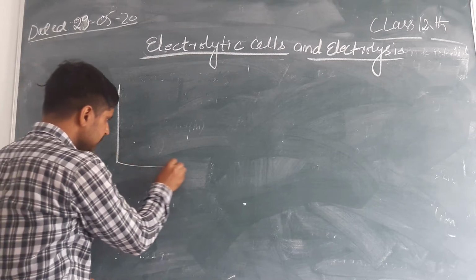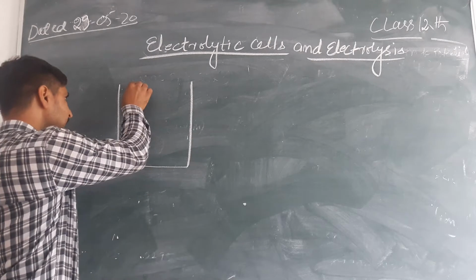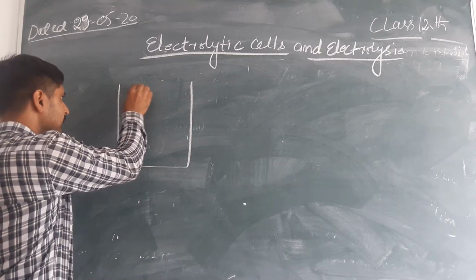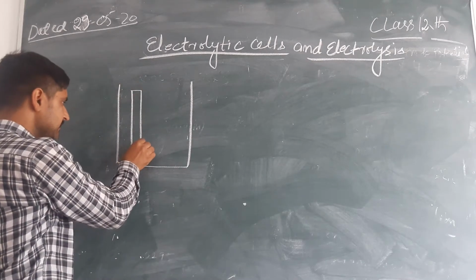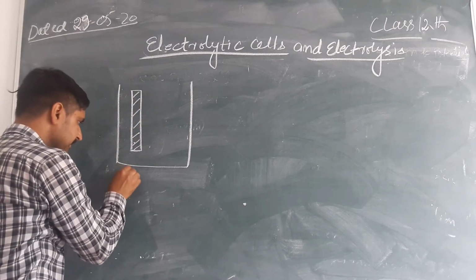The process takes place in an electrolytic cell. It consists of two electrodes in a single vessel called the electrolytic tank.